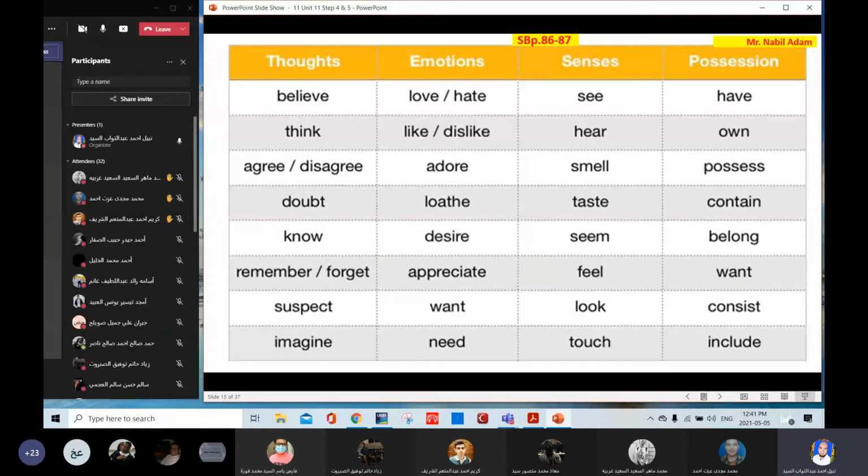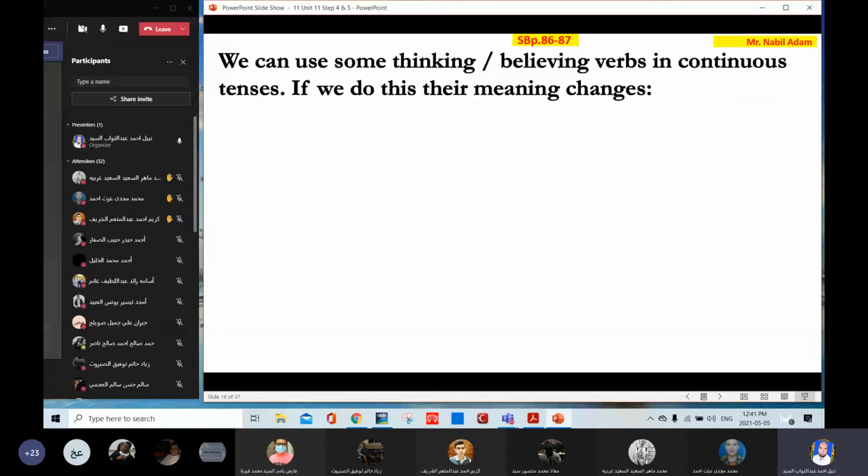But we can use some thinking or believing verbs in the continuous tense. If we do this, their meaning changes. ممكن نستخدم بعض أفعال الرأي والتفكير والإيمان في الـ continuous tense, but their meaning changes. What's the difference between these two examples?